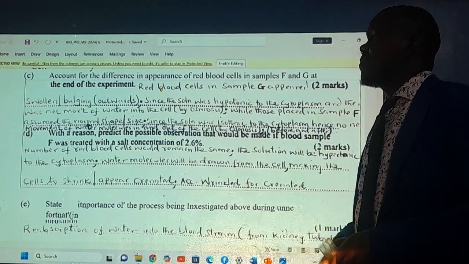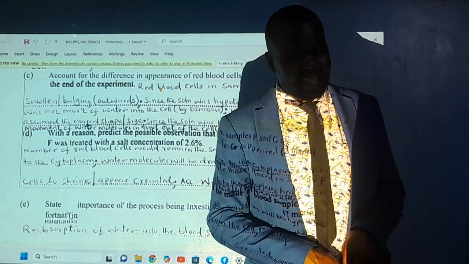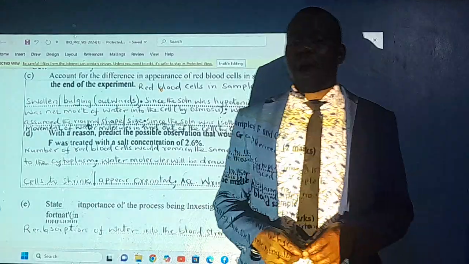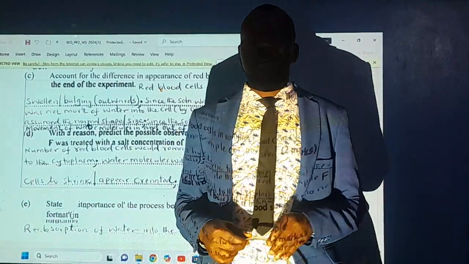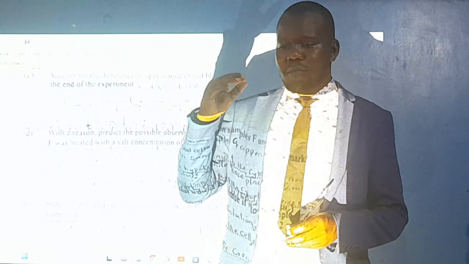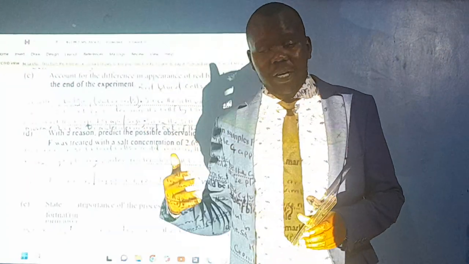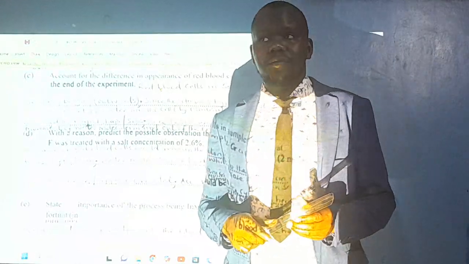We're speaking here, the solution that is 0.6 being hypotonic to the red blood cell cytoplasm. What do we mean here? Our red blood cell cytoplasm was hypertonic to that solution.